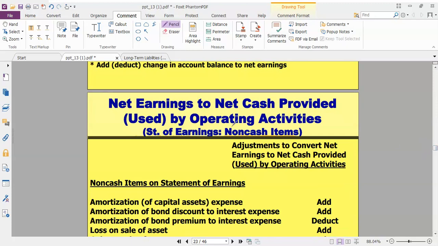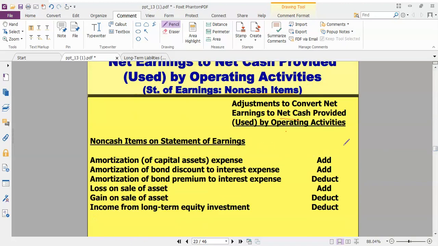Okay, ada lagi tak? Ada lagi. Adjustment to convert net earnings to net cash provided by operating activities. Okay, tengok apa lagi yang ada dekat dalam statement of earnings ni, statement of profit and loss. That is the same thing.